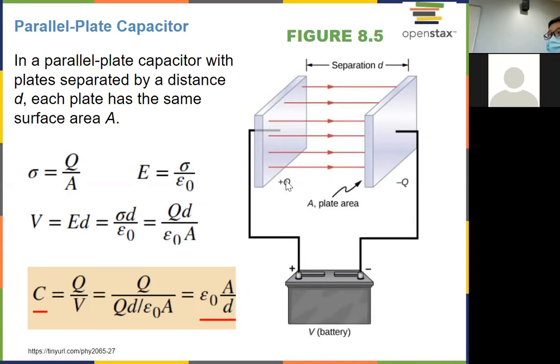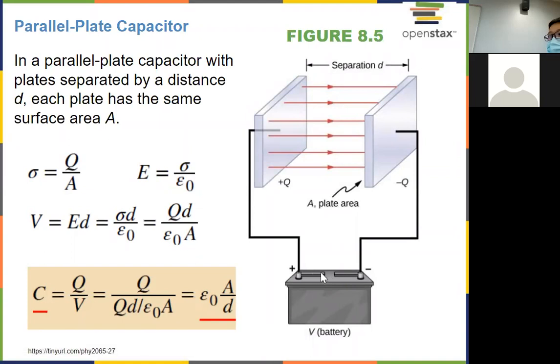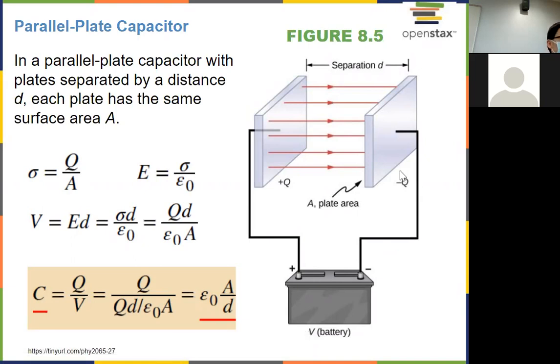On one plate you'll build up positive Q, and on the other plate you'll have negative Q, due to charge neutrality from the battery. So the magnitudes of the Qs will be the same. In the equation C = Q divided by V, Q refers to the absolute value of the charge on the plates.